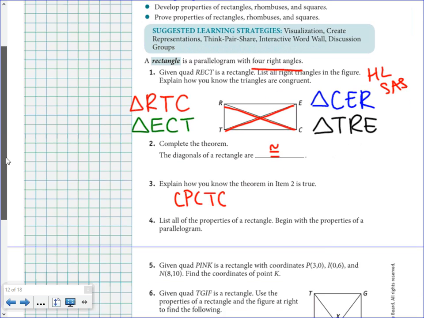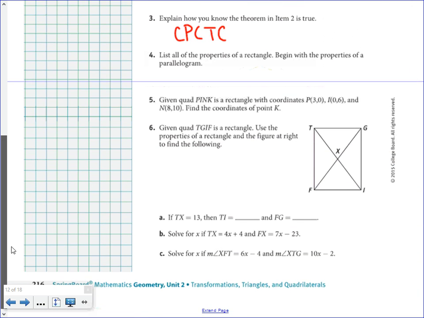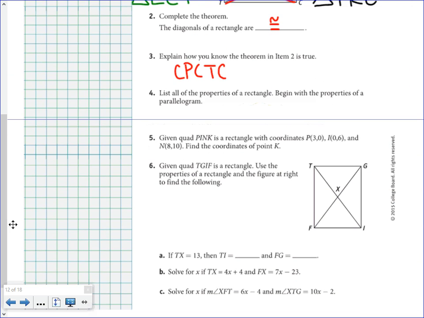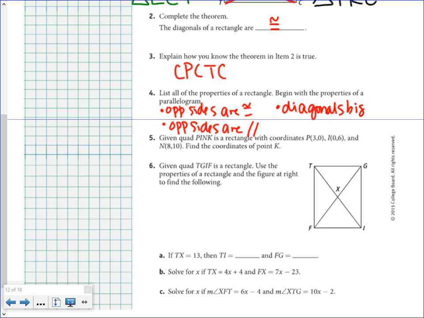So now we're going to go through and list the properties of a rectangle. There are a bunch of them. One of them is the opposite sides are congruent. Another one is that the opposite sides are parallel. Another one, your diagonals bisect each other.